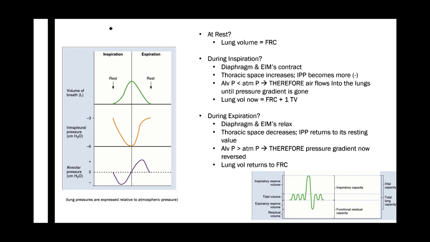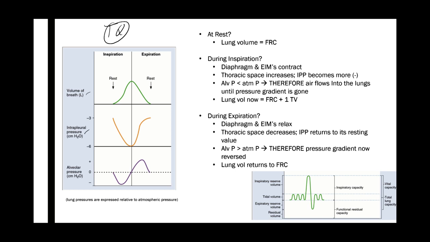Okay, this slide is very important. Over here on the left we have a diagram of what's going on. This is the volume of the breath. This is the intrapleural pressure, and that is the pressure in the thoracic cavity, in a sense.